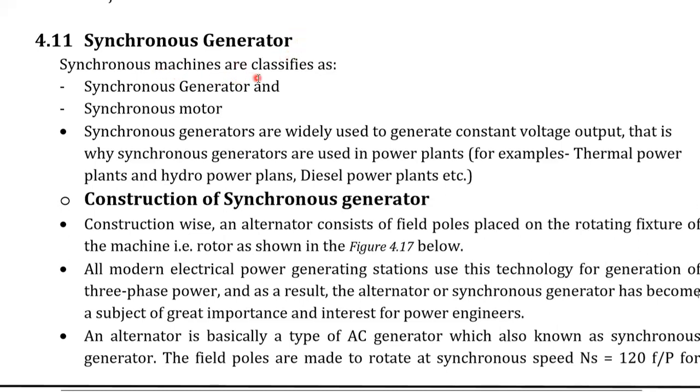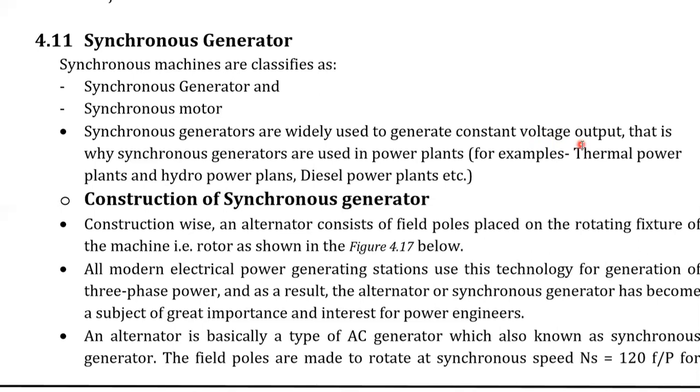The synchronous machine is classified into two types: synchronous generator and synchronous motor. Synchronous generators are widely used to generate constant output voltage. The output voltage of the generator is constant.